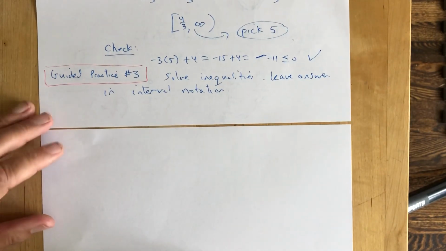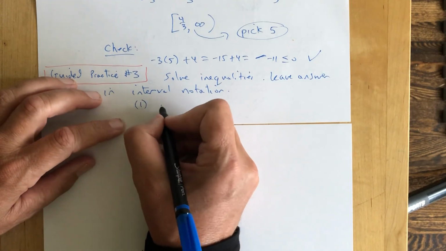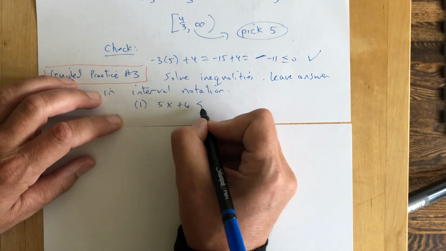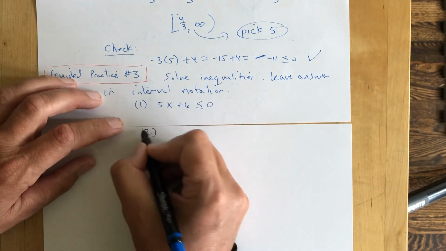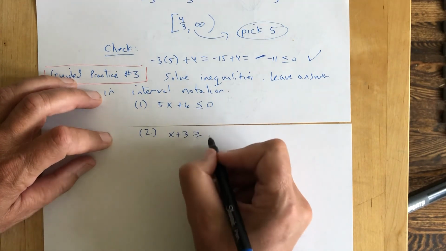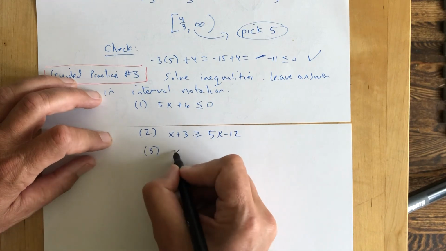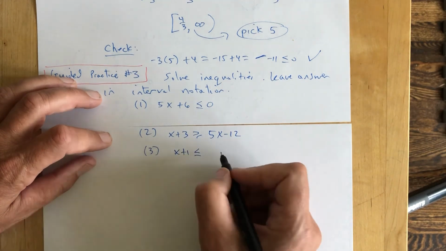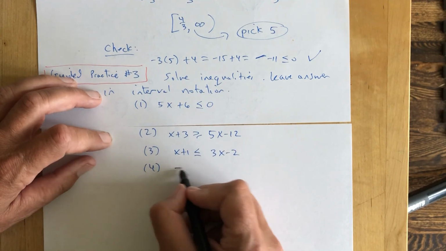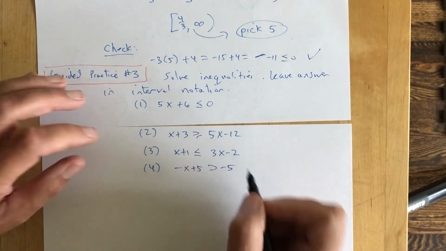Okay. And here are the problems. 1. 5x plus 6 is less than or equal to 0. Problem 2. x plus 3 is greater than or equal to 5x minus 12. 3. x plus 1 is less than or equal to 3x minus 2. And 4. Minus x plus 5 is greater than minus 5.